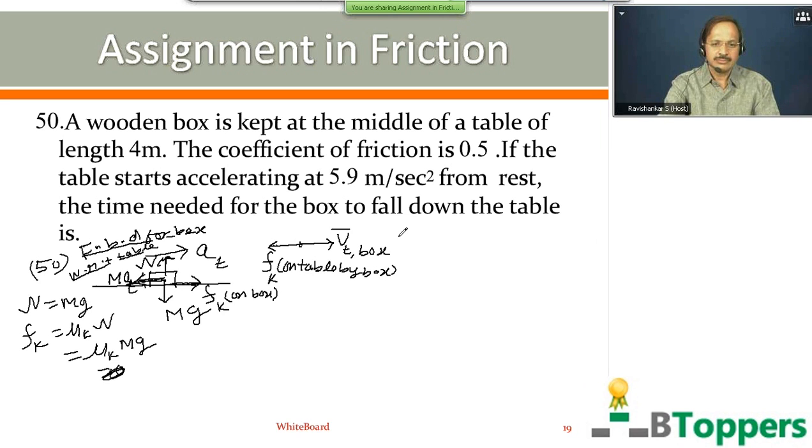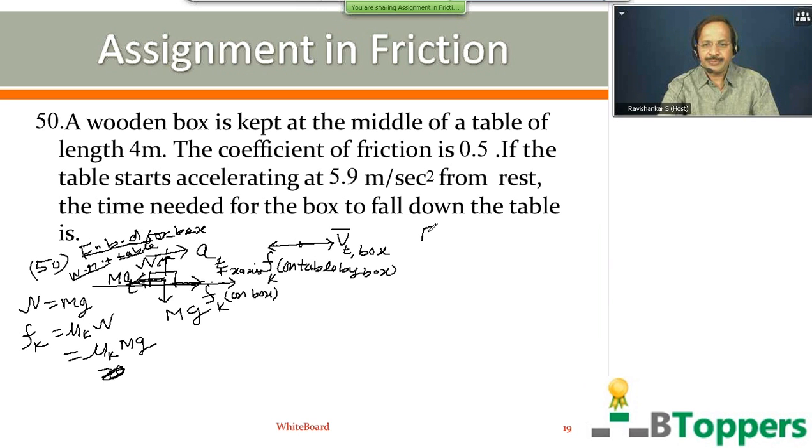So for the resultant force, let us choose the direction towards right as the positive direction of x-axis, and vertical upward direction as y-axis.